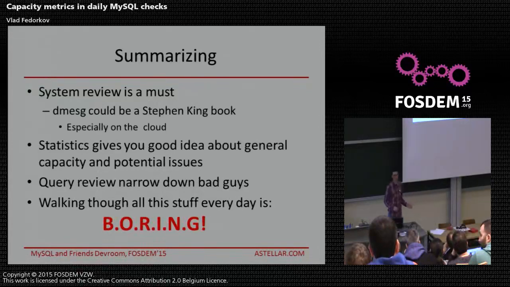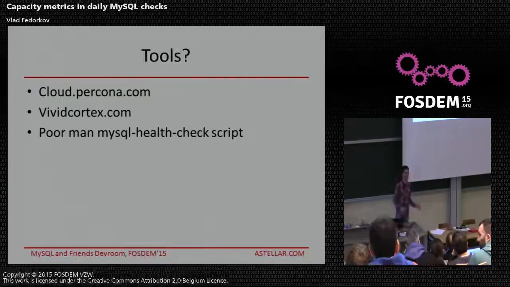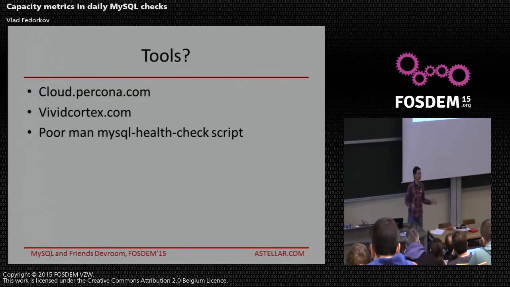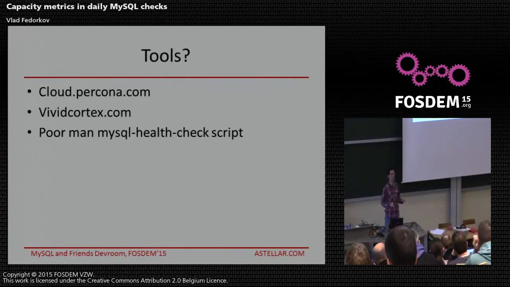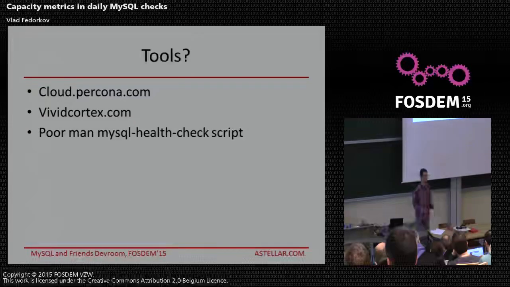It really takes time, so there are tools to automate it. I know that the Percona guys created a nice tool that can show you most of the information you need on a daily basis. I know VividCortex provides advanced statistics for MySQL, but it requires installing something on your system and sends data out.